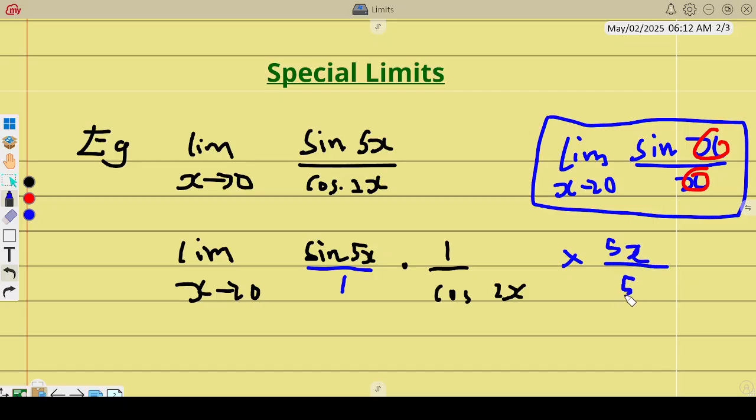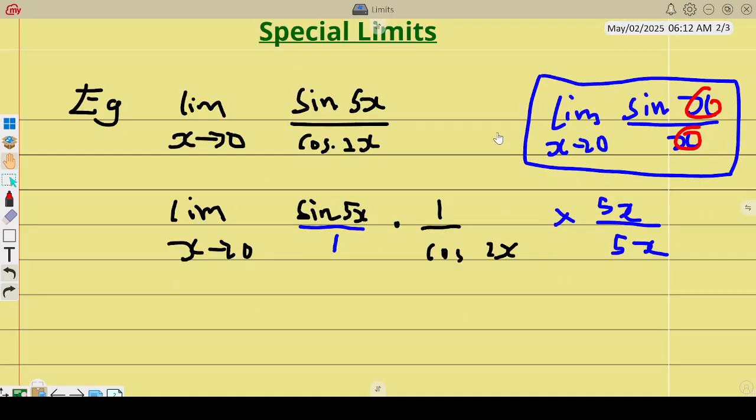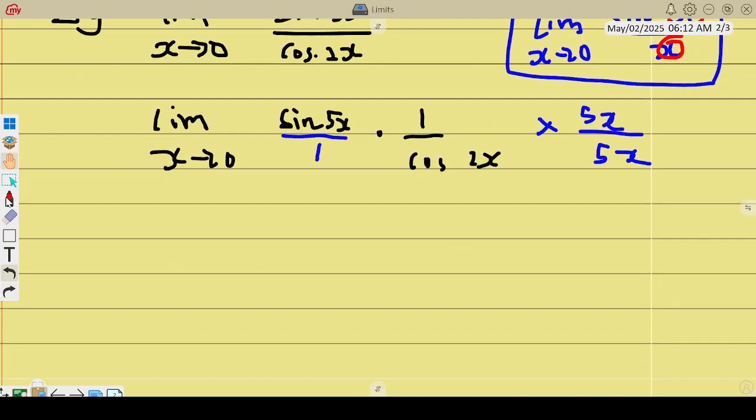So we'll multiply throughout by 5x. I'm multiplying by 5x because we can cancel it out, so I haven't changed the meaning. 5x times this, we already have a 5x here, meaning it will go in front. So we're going to have 5x there in front, and then the limit as x approaches 0.